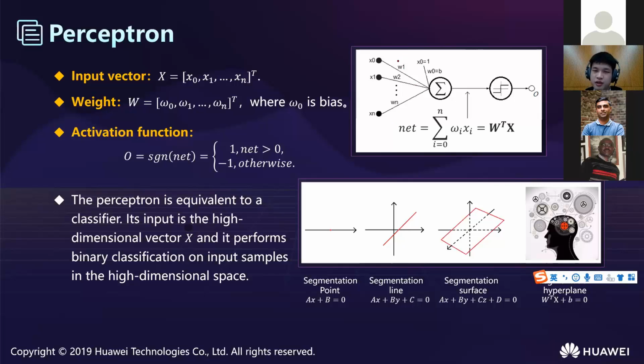When we train the model, we need to update the parameters. And that is a perceptron, and it cannot solve the XOR problem. You need to remember that it cannot solve the XOR problem because it only has the input layer and the output layer. There are no hidden layers.